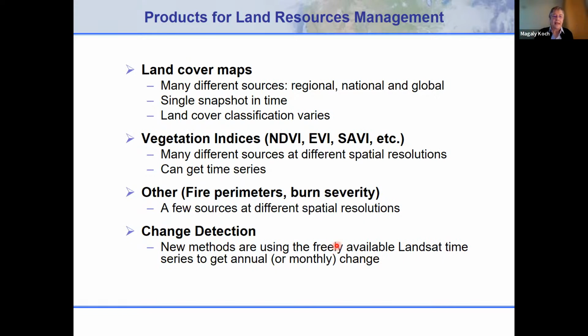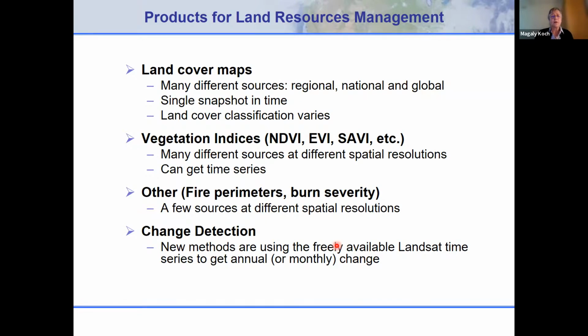So what do we do with that? Well, we want to convert this into information, something that we can interpret and use for land resources management, but also for water resource management. This is just an example here for land resources management. So we want to convert these measurements into land cover maps.